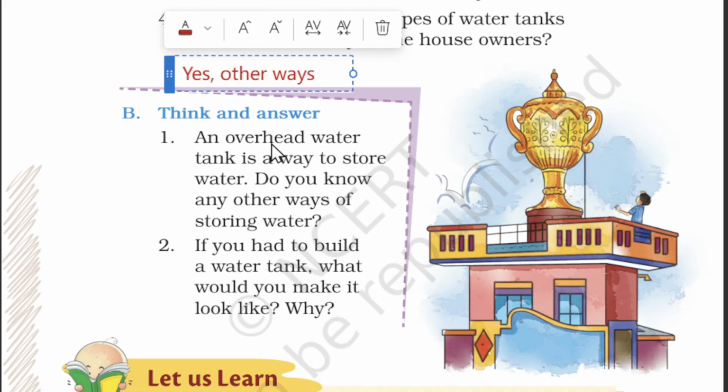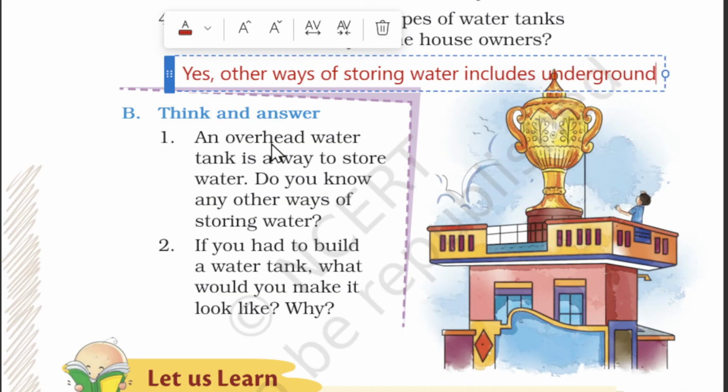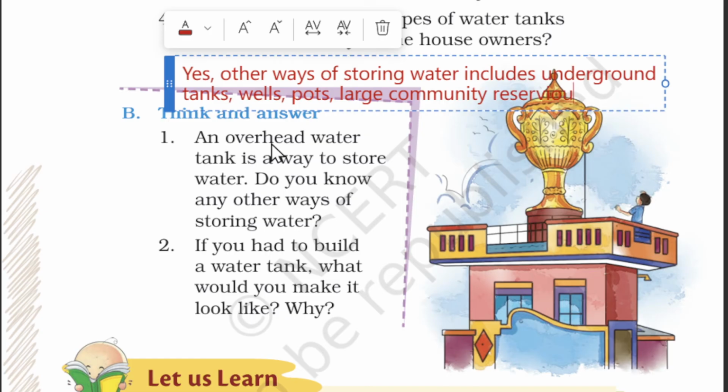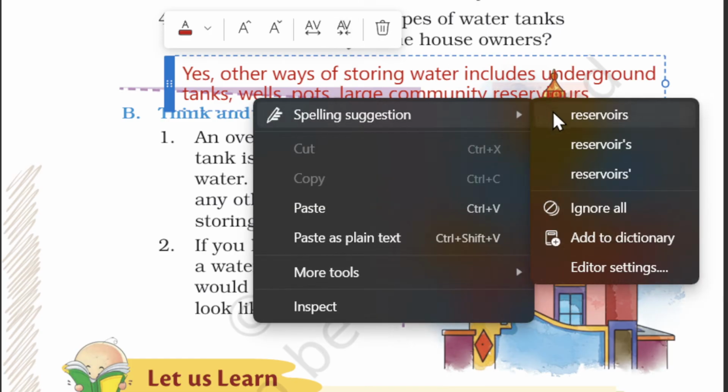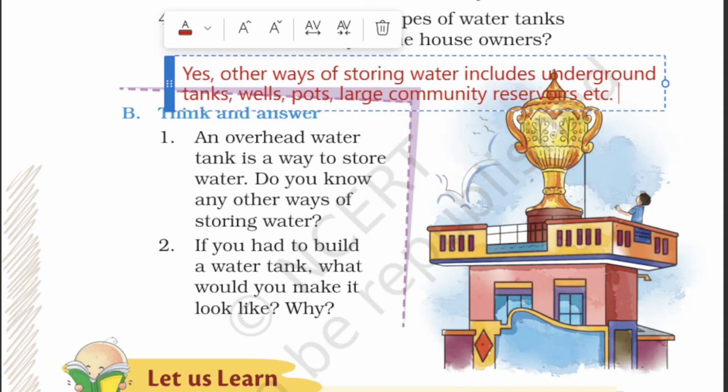Other ways of storing water include underground tanks or underground water tanks, wells, pots, large community reservoirs, or you can write dam also. Directly you can mention dam also, etc.